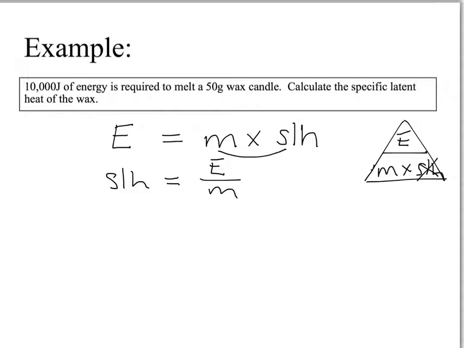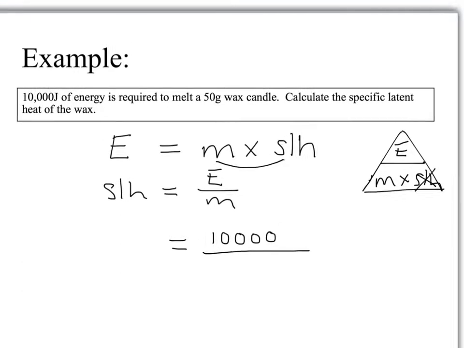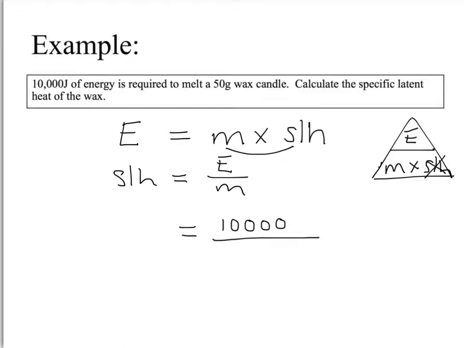Next thing we do is substitute in the values. The energy is 10,000 joules. The mass is 50 grams. We of course need kilograms and not grams, so I've got to divide that 50 grams by 1,000. Dividing 50 by 1,000 gives me 0.05.